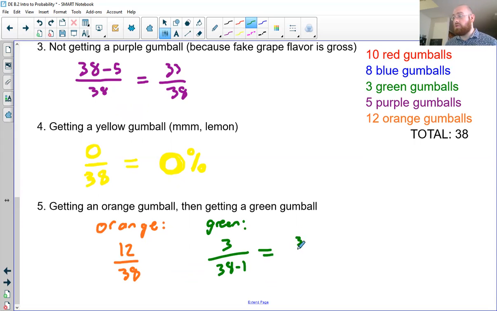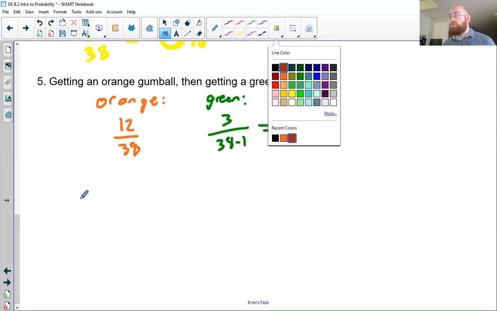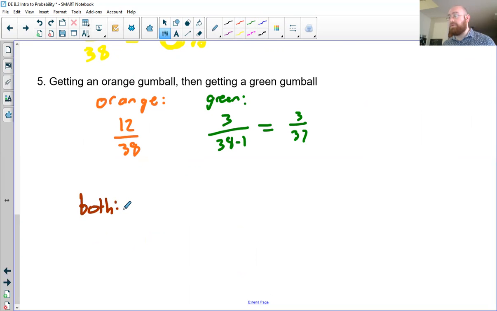So that's 3 over 37. Now, each time we put in a new quarter, that's like making a new decision. And these two decisions happening separately are independent. So to find the probability that both of these things happen, we need to multiply 12 over 38 times 3 over 37.